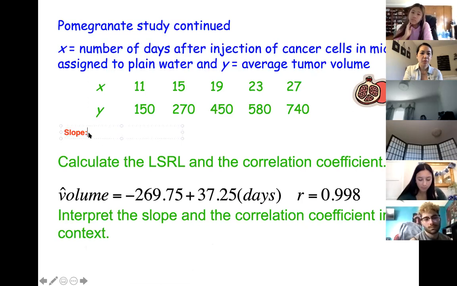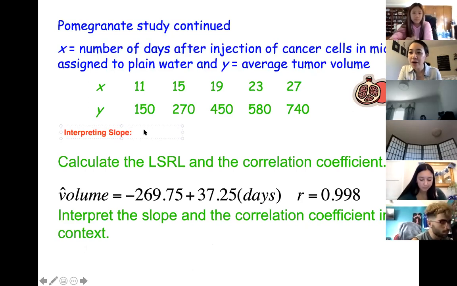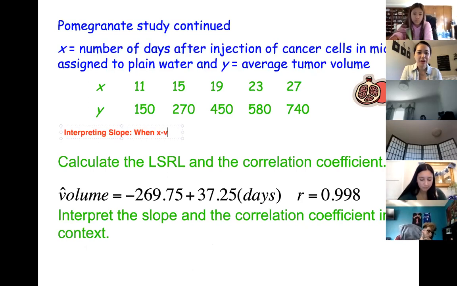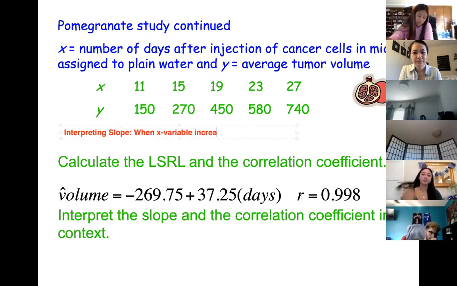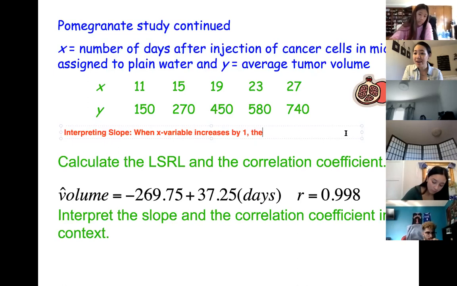What you basically want to mention is that when the x variable increases by 1, always 1, the slope is how much the y variable changes.